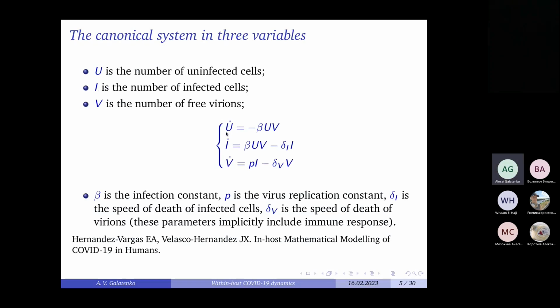We assume that the healthy cells get infected proportionally to the product of the number of cells and the number of free variants.